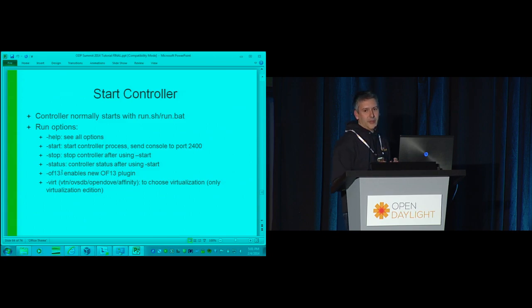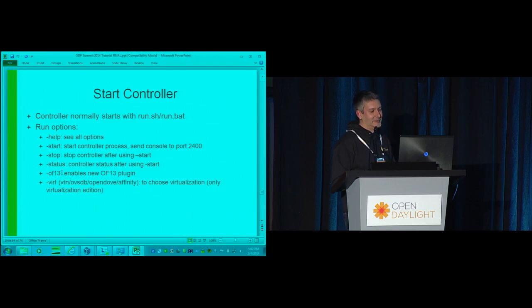And it's good to know that this is in a beta or experimental state. So don't expect the new OpenFlow 1.3 plugin to behave as stable as the old OpenFlow plugin. But we're working on that. At least in the test team in OpenDaylight, we are working very closely with the OpenFlow plugin developers to get this more stable, at least more like the old one.